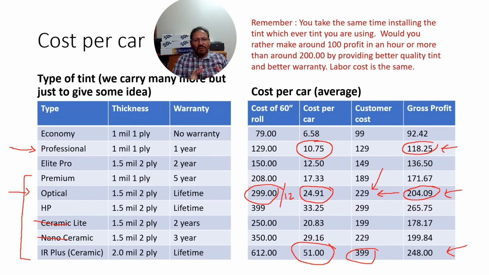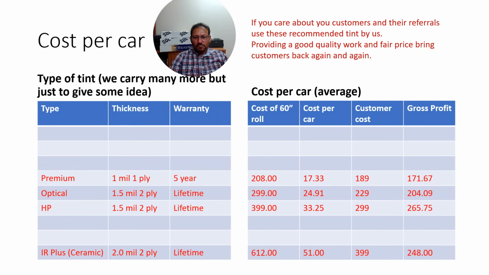So the only concept here is just to show what your cost is, what your gross profit is, and how you can provide a better quality product and make more money. So you are satisfied, your customer is satisfied, your business is satisfied, and it is guaranteed to give you more referrals, more word of mouth. Now you know the cost per car and the average profit you're making.